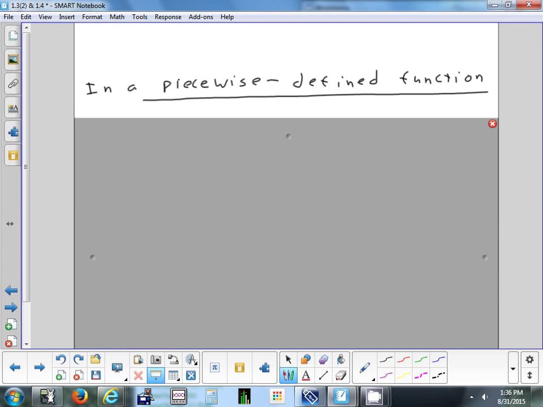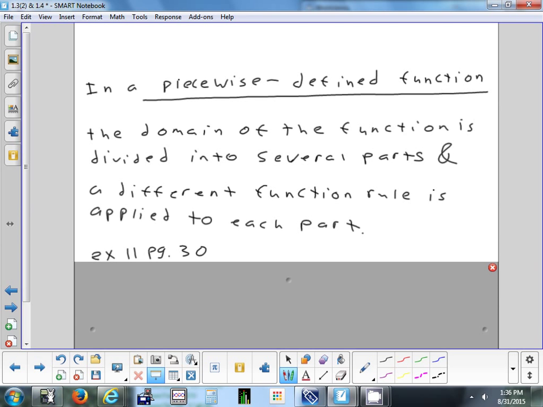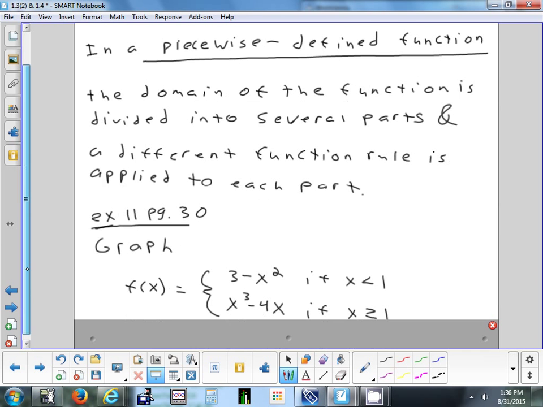And last thing in section 1.3 is what's called a piecewise function. Okay, basically, what a piecewise function is, it's 2 different functions graphed together at the same time. As you're copying it down, I'll show you an example.